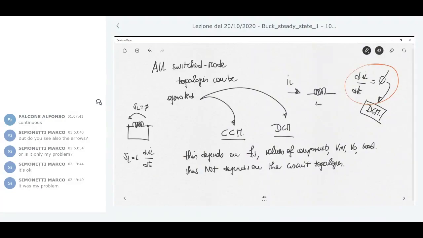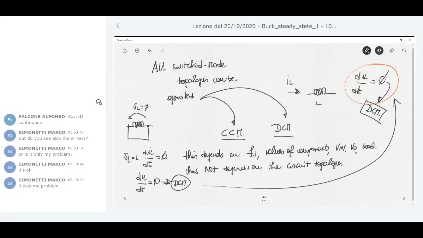So this means that in that situation, the voltage is 0, and so the time derivative of the current is null. So this converter, in which this inductor is operated in this way, is operated in the DCM mode according to my definition. Okay, but dIL/dt equal to 0 does not mean that the current is 0.